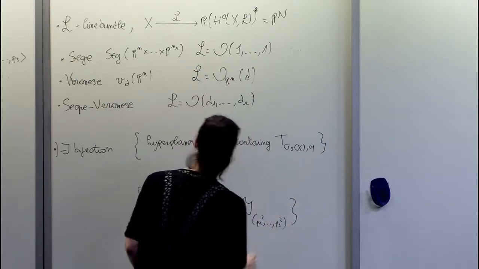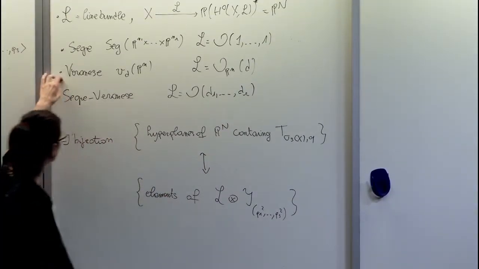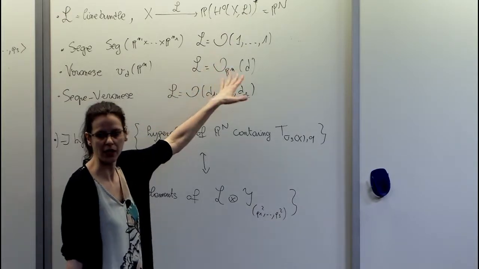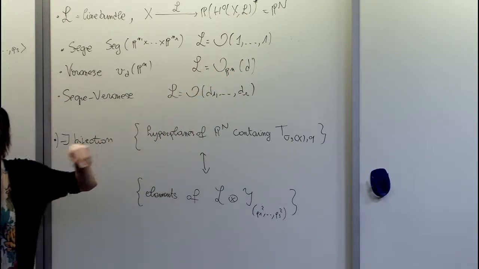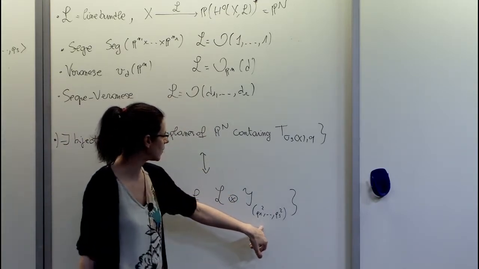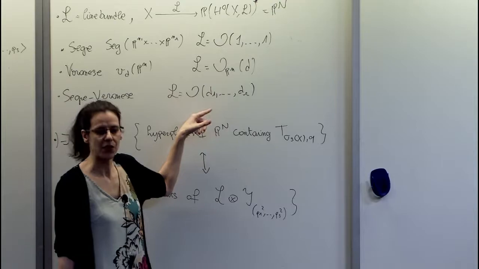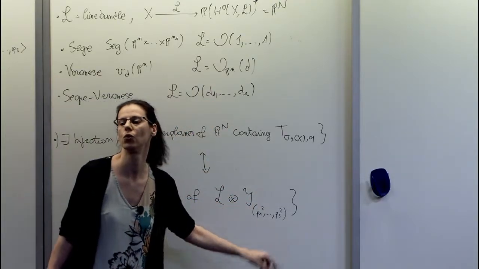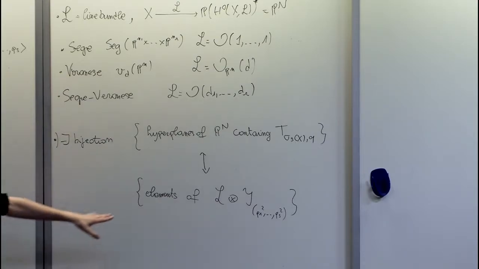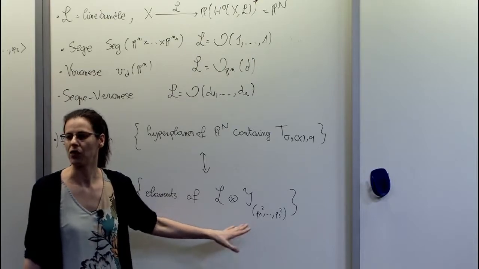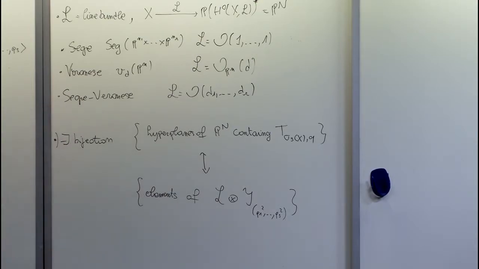So who are these guys? Well, for instance, in the case of the Veronese, L is basically the vector space of homogeneous polynomials of degree d in n+1 variables, and when I twist it by this, I'm just taking those that vanish with multiplicity 2 at the given points. So that's an interpolation problem, because now I'm asking for the space of polynomials of degree d vanishing with multiplicity 2 at a given collection of points.